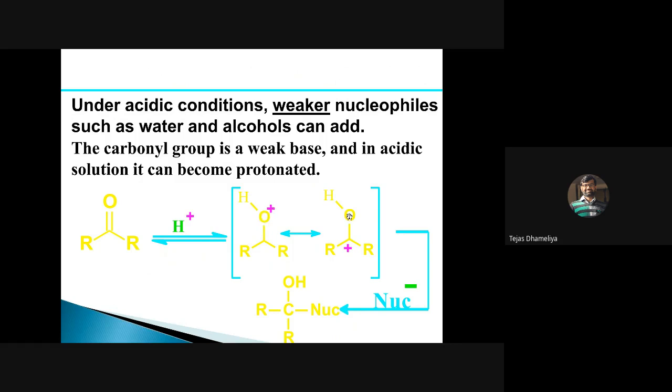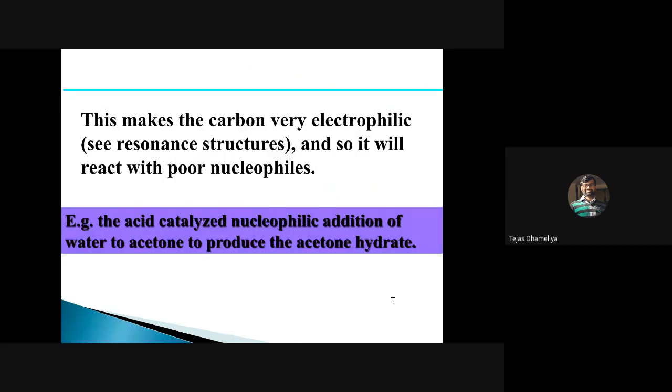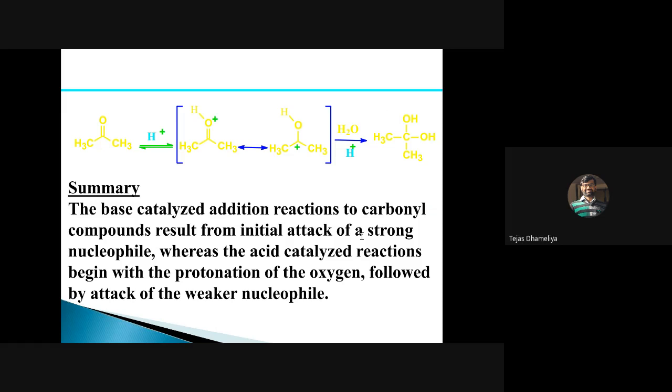This oxonium ion will induce polarity on carbon, and thus it gets a chance to be attacked by a nucleophilic molecule. So it makes carbon electrophilic in nature, and this way nucleophilic addition is possible. If we have acetone which reacts with water, it will form acetone hydrate, which is called acetal.